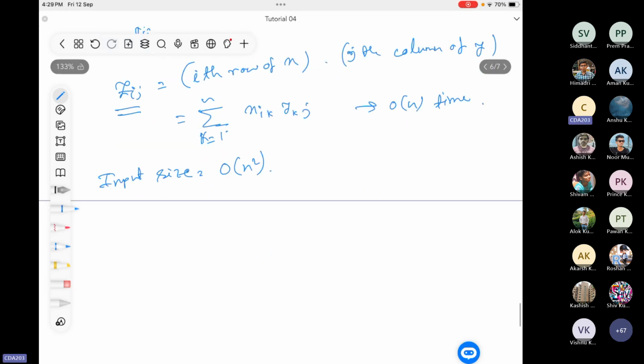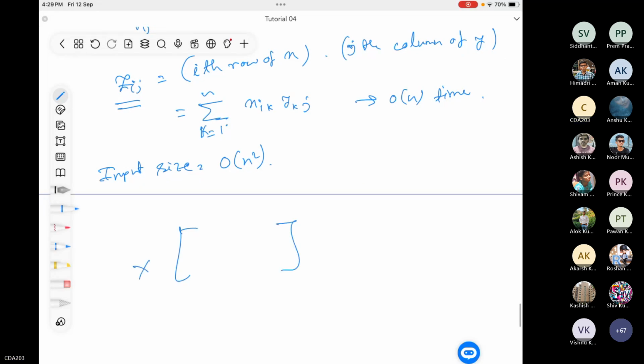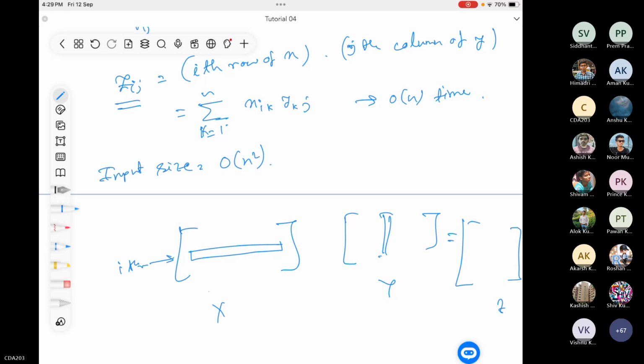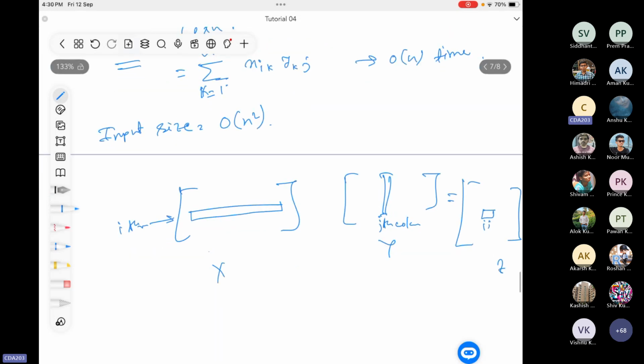At one step, you have this matrix X, this is your matrix Y, and this is your matrix Z. So at one step, you have this ith row and this jth column that determines some ij element of Z. X is an n cross n matrix, Y is an n cross n matrix, so there are n entries in here, and n entries in here too.